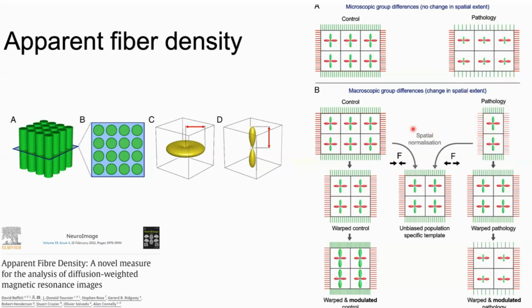So you would find a middle ground, and then you would have to do warping and modulation. And if you do proper modulation, then you'll be able to detect the pathology effect of reduced volume, even when there is a spatial extent with atrophy and you have a shift. So the entire basis for the filtering presented in MRtrix is this apparent fiber density notion, this length. That's the key.